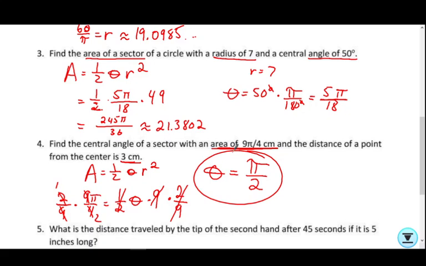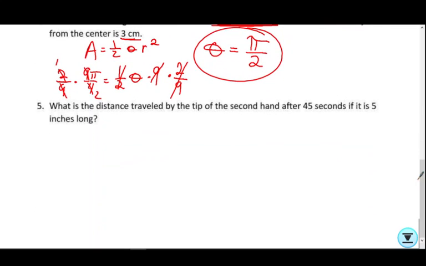Okay? So the last one, which is probably the most difficult one because you have to think about it. It says, what is the distance traveled by the tip of the second hand after 45 seconds if the second hand is 5 inches long? So I always tell my kids the first thing you do when you get to a word problem is draw a picture. So I have a clock.